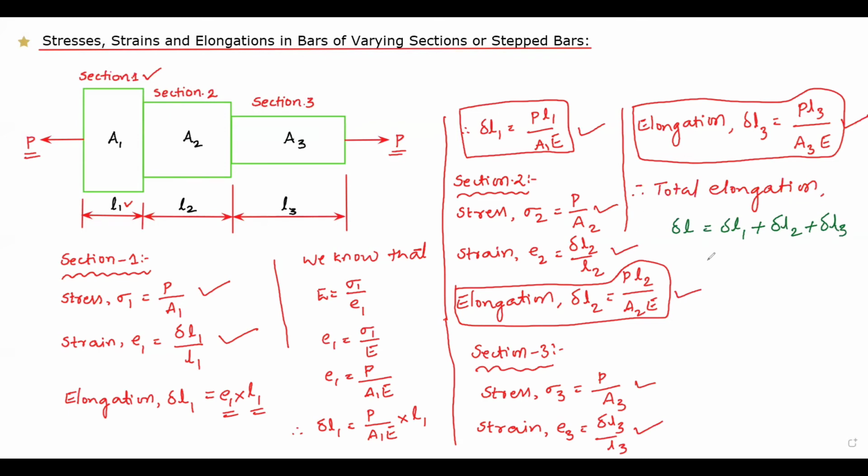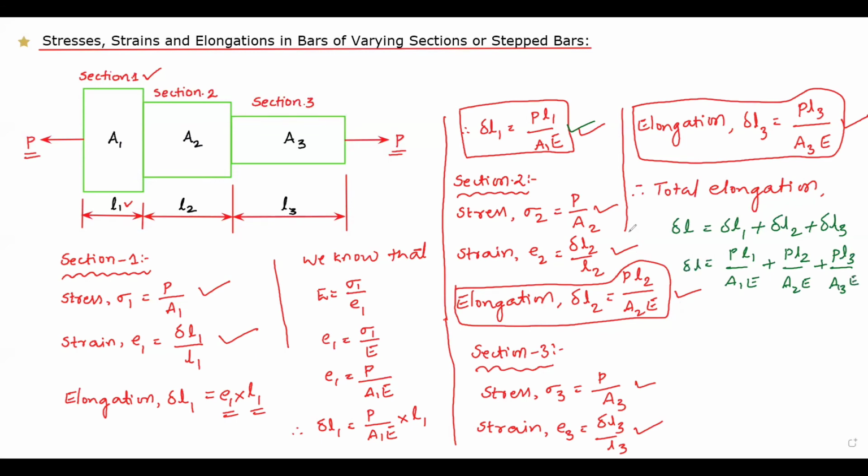So delta L1 is equal to how much? Look here, P L1 by A1 E, right? So substituting, P into L1 by A1 into capital E, plus P into L2 by A2 into E, plus P into L3 by A3 into E, right?